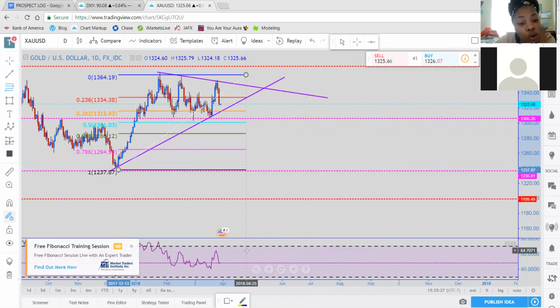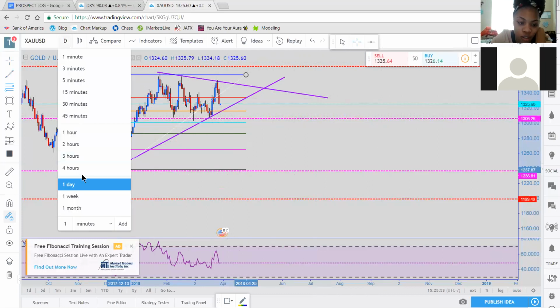The daily candle closed as a very large bear candle, because it's red. So you want to pay attention to the daily close candle, especially if you're looking for a swing trade.